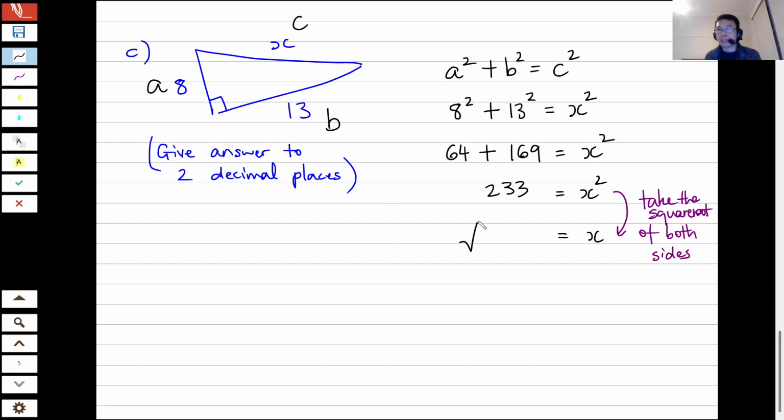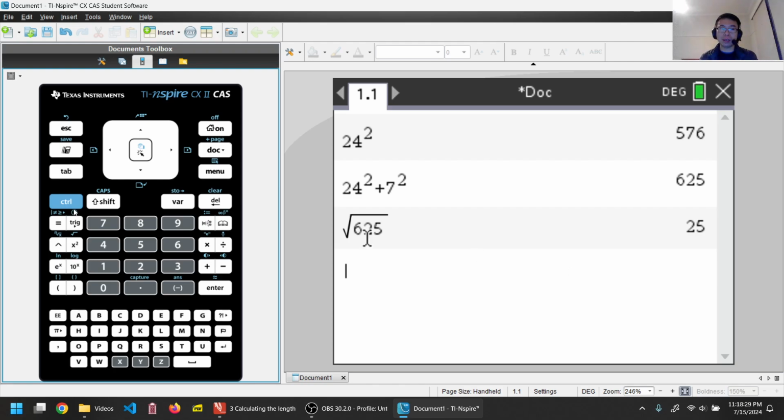So, I need to take the square root of 233, and this time we're not going to get a whole number as our answer, so we're going to have to use the calculator here. So let's do that. Let's find the square root of 233.